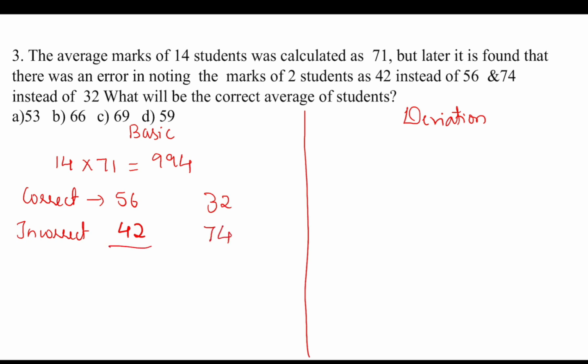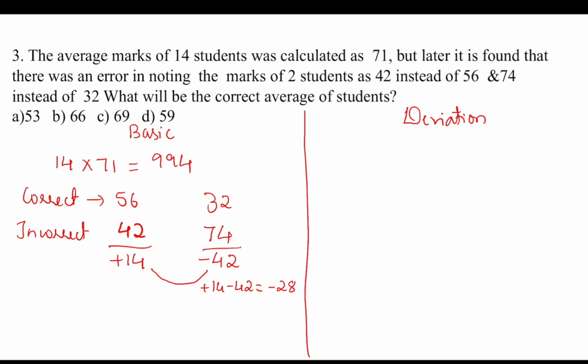Which means here it was noted 14 more and there it was noted 42 less. So 14 minus 42 is nothing but minus 28. That means 28 marks was wrongly noted, extra, isn't it?